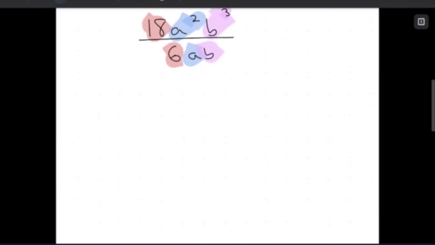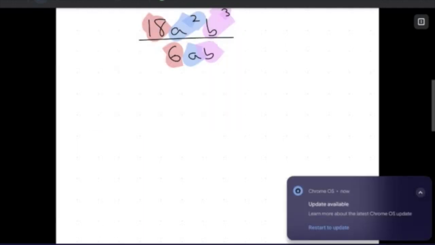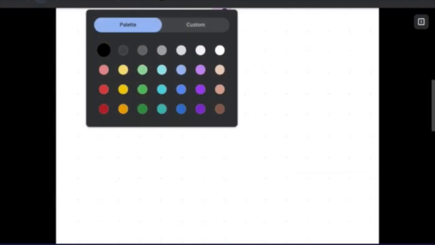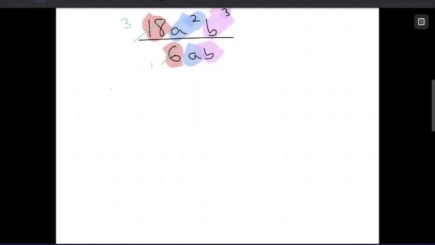So how many times does 6 go into 6? Well, it goes 1 time. How many times does it go into 18? 3 times. So I can write this as 3a squared b cubed over ab, because this 18 over 6 just simplified to 3 over 1, or just 3 on the numerator.